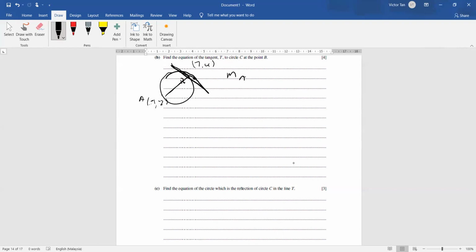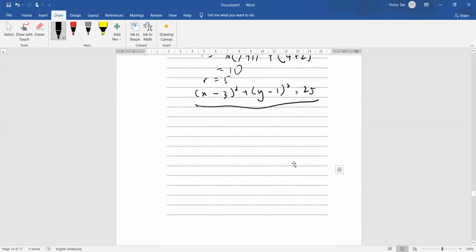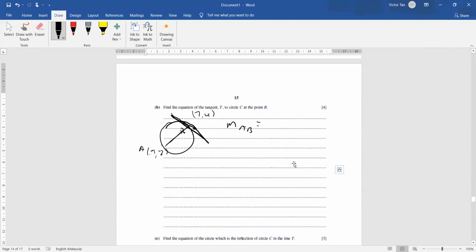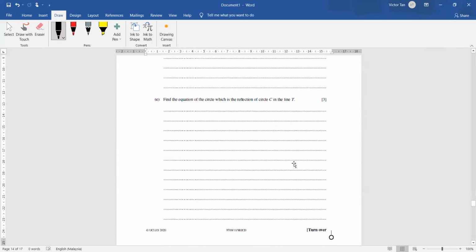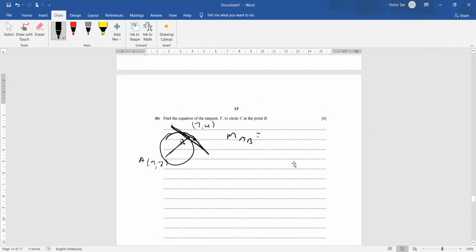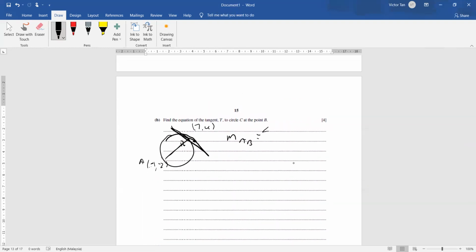Gradient of AB equals 4 minus minus 2, which is 4 plus 2, over 7 minus minus 1, which is 7 plus 1, which gives you 3 over 4. So for line T, the gradient is the negative reciprocal, so it's minus 4 over 3.